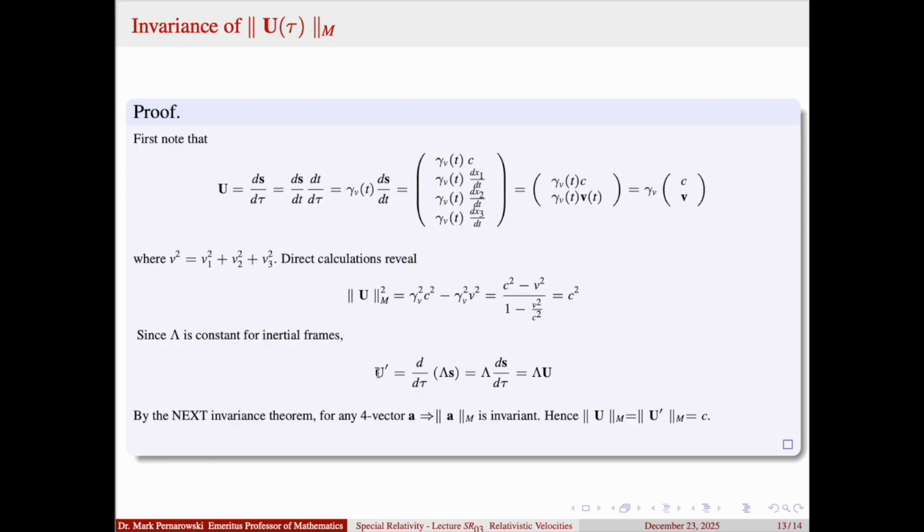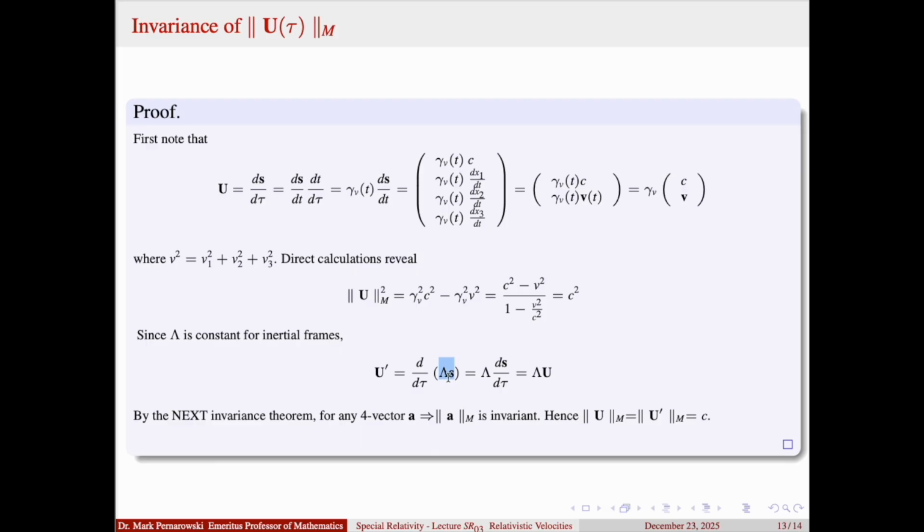More than that, u prime is the rate of change in proper time of S prime. And S prime is computed using the Lorentz transformation matrix lambda. So I can put a lambda S in there.